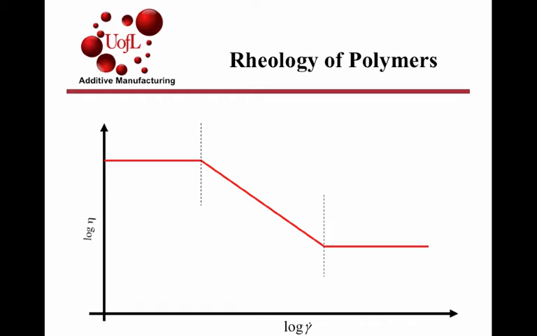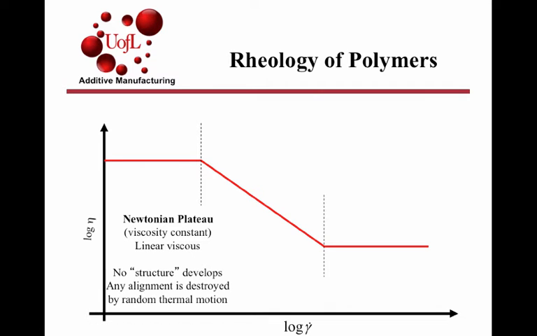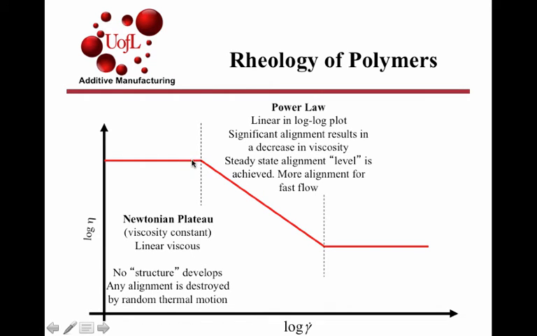Let's look at this log-log plot of viscosity as a function of shear rate. At relatively low molecular weights or relatively low shear rates, viscosity tends to be independent of shear rate, and this is referred to as a Newtonian plateau. At intermediate shear rates, you have viscosity reducing as a function of shear rate for many polymeric materials, and this is referred to as a power law dependence.